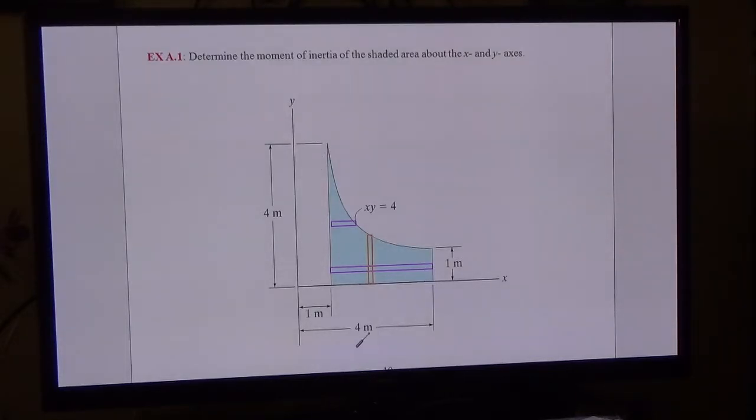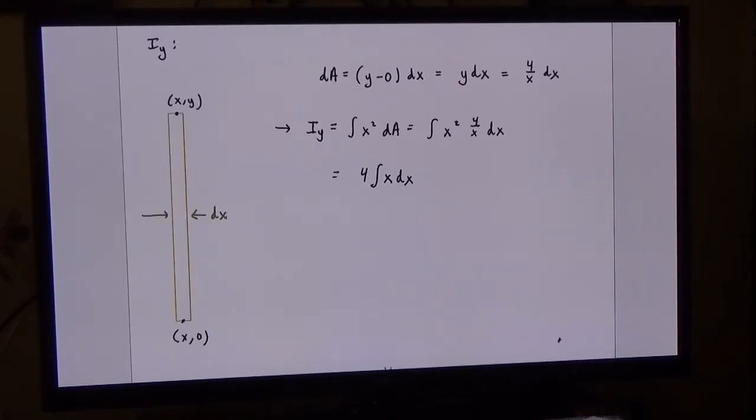At the right-hand side, x of 4. And to calculate this integral, what I should get is 30 meters to the 4th power. So that would be the basics of calculating moments of inertia with the integration method.